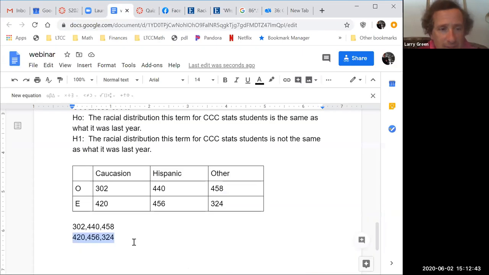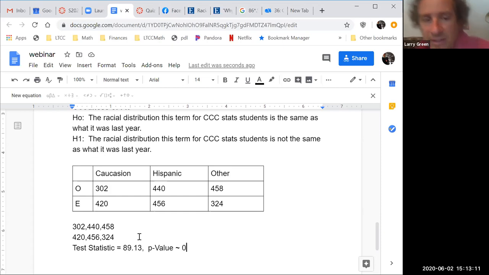So now I can say the test statistic is about 89.13, and the p-value is approximately equal to 0. It's not equal to 0 because even though it says 0, that's in 4 decimal places of accuracy. So close enough to 0 that we know what to do at this point, no matter what your level of significance is now. So what's the answer?